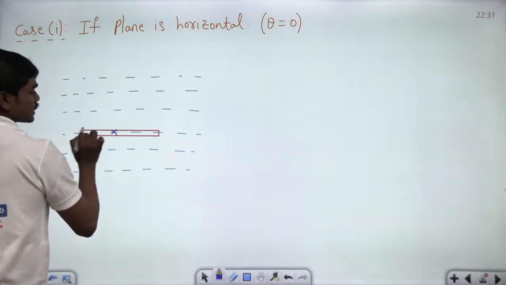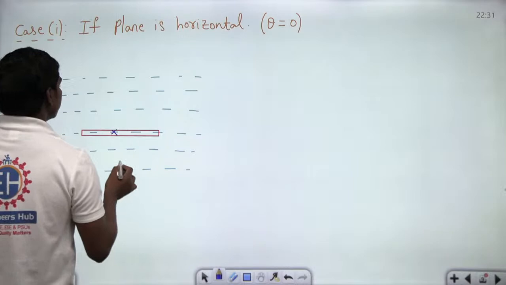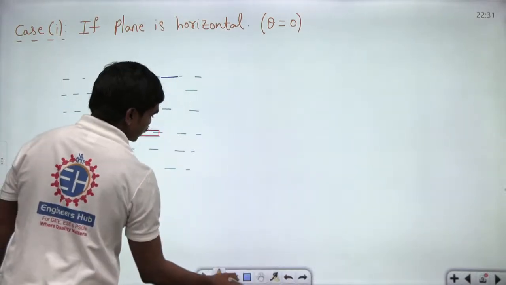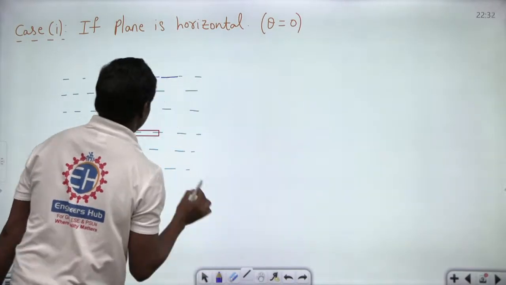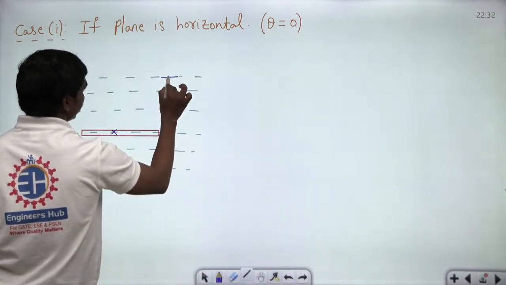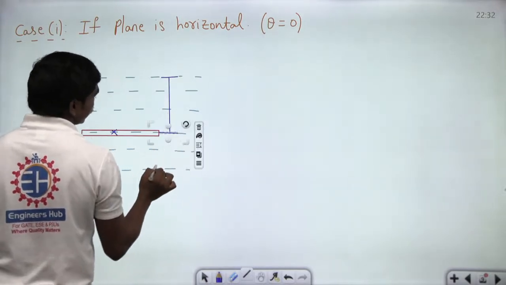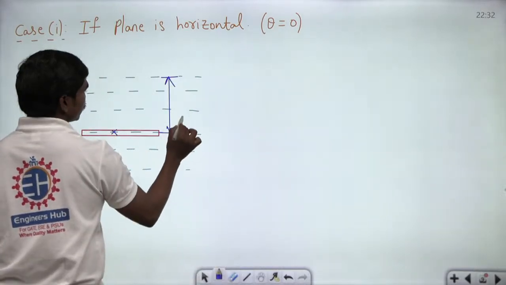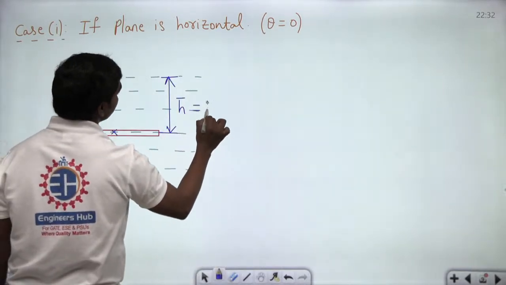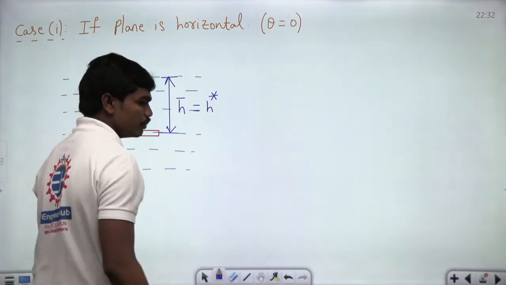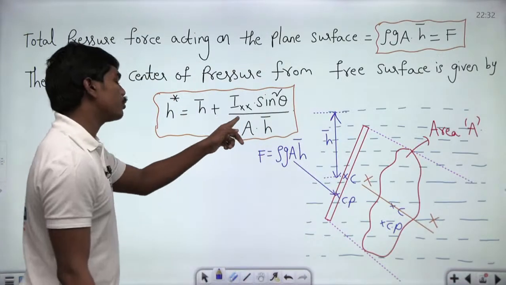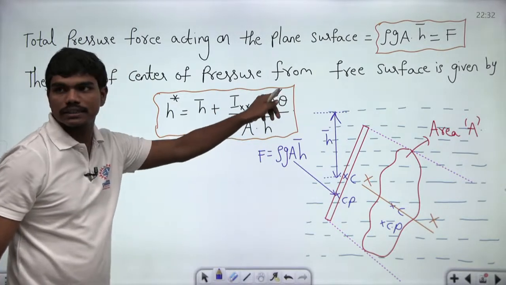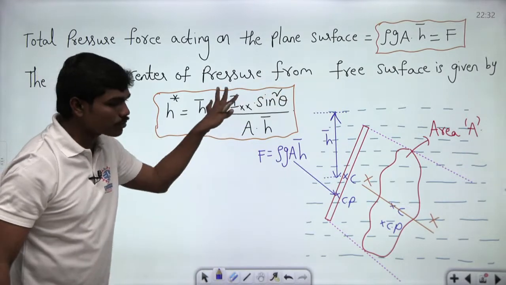If this is the axis at which your centroid and center of pressure are located, let me use a straight line for this purpose. You can see this height is equal to h bar, and also this will be equal to h star. And why does this happen? Because in this formula, if you put theta equal to 0, this term completely goes out, correct? Because sin 0 is 0 and sin square 0 is also 0.